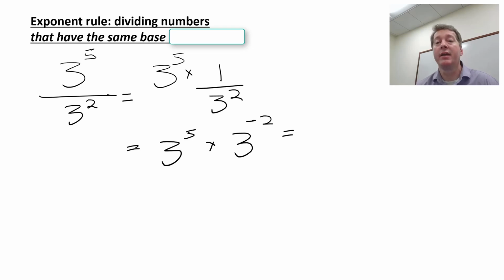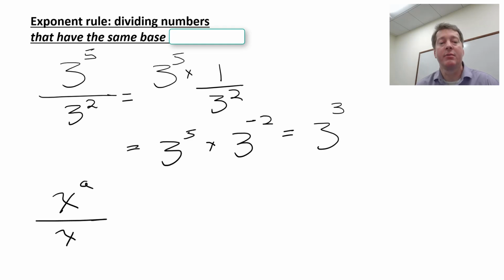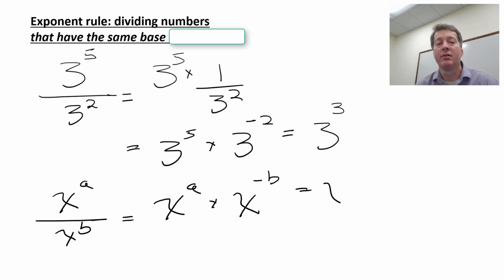So really, we're applying the addition rule: 3 to the 5th times 3 to the negative 2. You're adding the exponents, so that's 3 to the 5 minus 2, that is 3 cubed. So really, x to the a divided by x to the b is the same thing as x to the a times x to the negative b. So it's x to the a minus b.